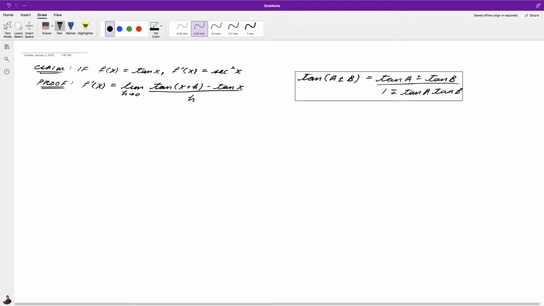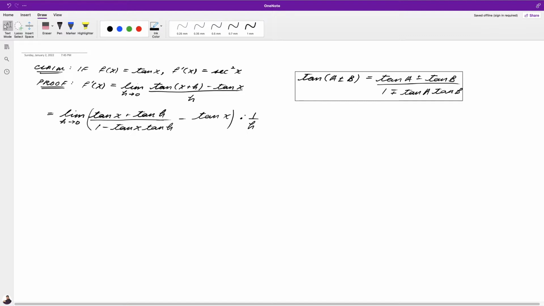Okay, we've got the tangent of a sum. So let's go ahead and apply this formula. Here we're going to have this equal to the limit as h trends to 0. We're going to have tangent of x plus tangent of h over 1 minus tan x tan h, all of that minus tan x, and then of course all of that multiplied by 1 over h, right?